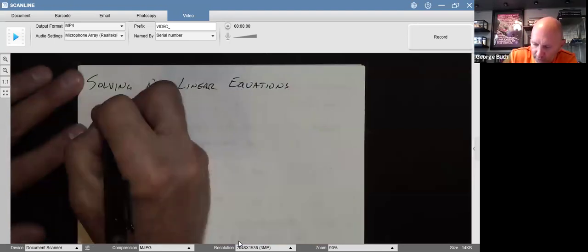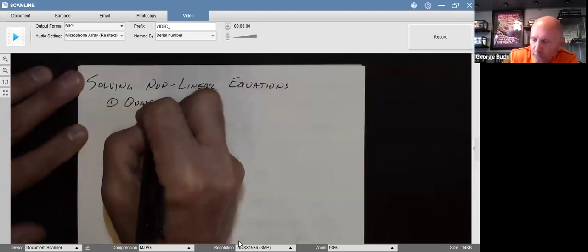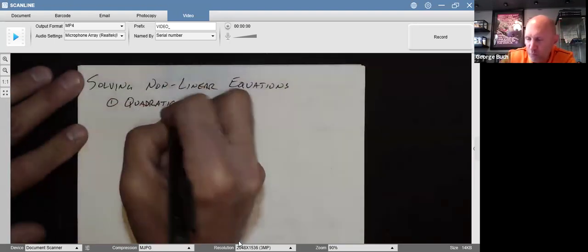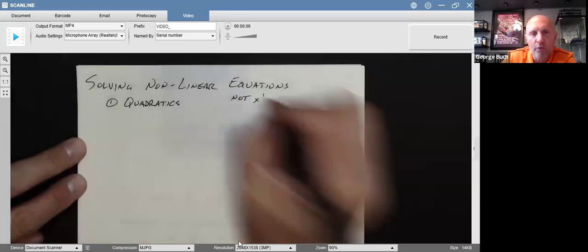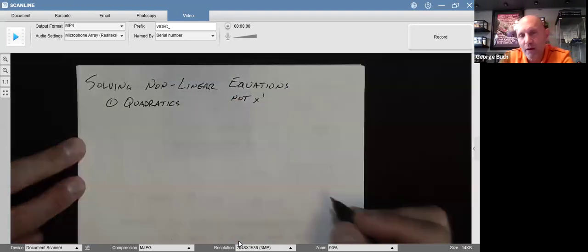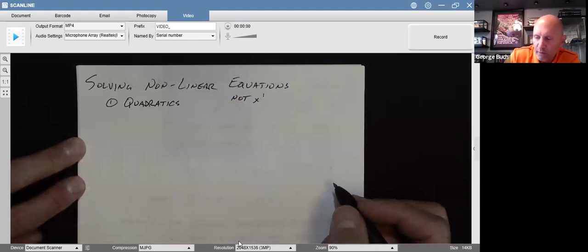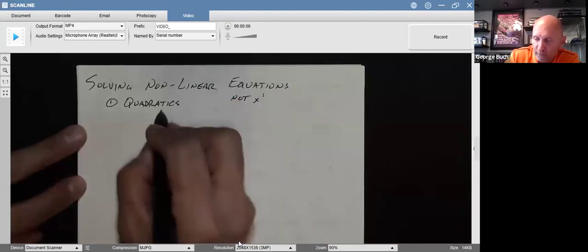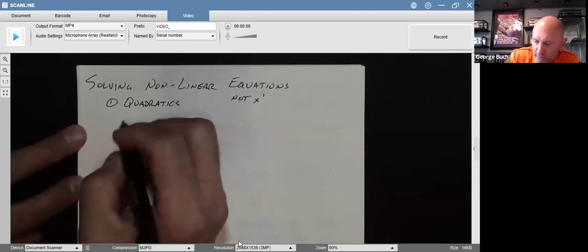We're going to have quadratics. Remember, by nonlinear, that means it's not x to the first power. If it's x to the first power, that's a linear equation, and we know how to solve those now. But quadratic is x squared, so that's not a linear equation.